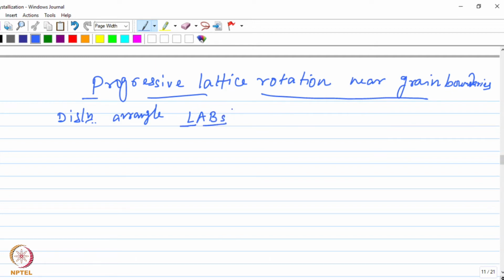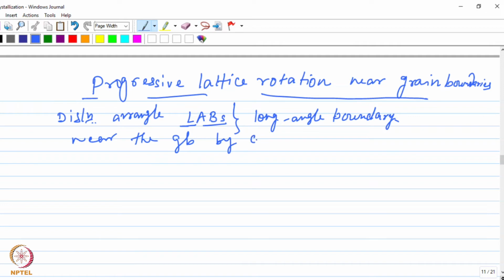In short, we can call them LABs. And this occurs near the original grain boundaries by cross slip. So the arrangement of the dislocations in this kind of low angle boundary configuration is known as dynamic recovery.